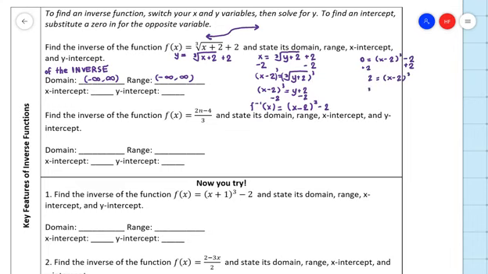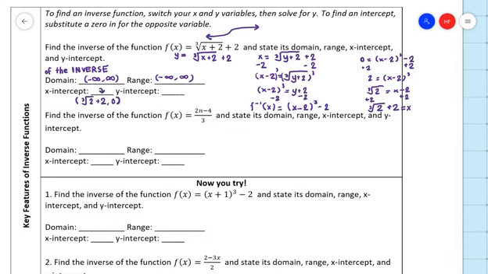Take the cube root. So we get the cube root of 2 equals x minus 2. And so the cube root of 2 plus 2 is equal to my x. So the x-intercept is the cube root of 2 plus 2, comma 0.